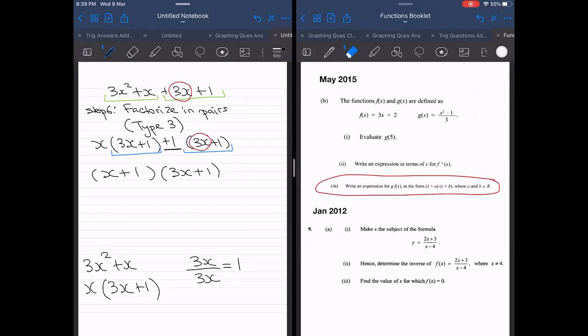So when they wanted you to put it in the form x plus a, x plus b, that's what they meant.